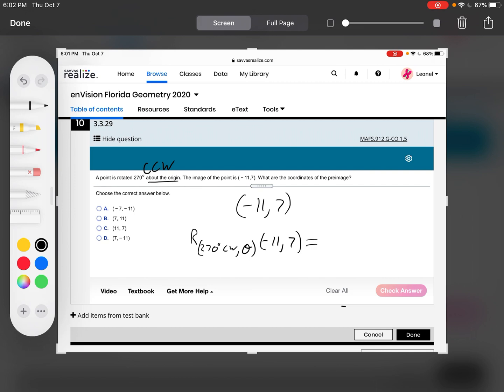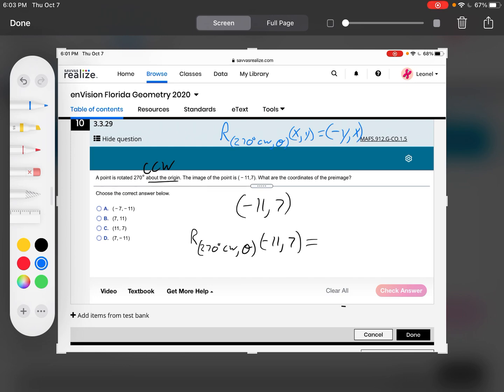So, the rule for rotating 270 degrees clockwise, I'll write it up here: 270 degrees clockwise around the origin of a point x comma y is equal to, let's see, clockwise, negative y comma x.